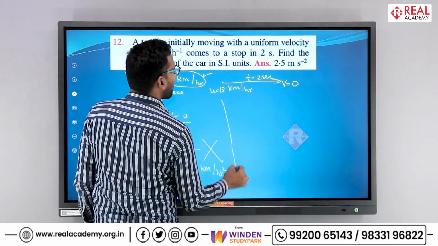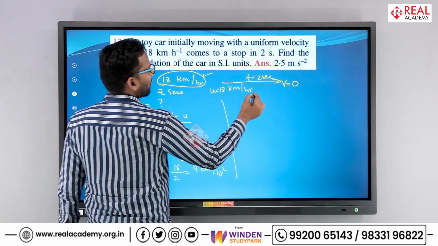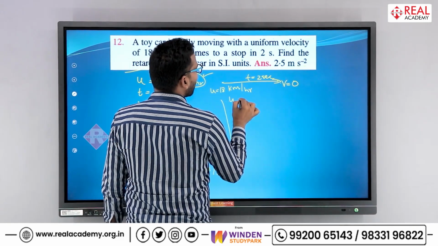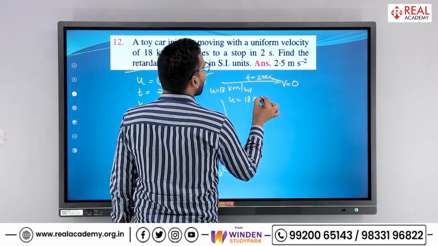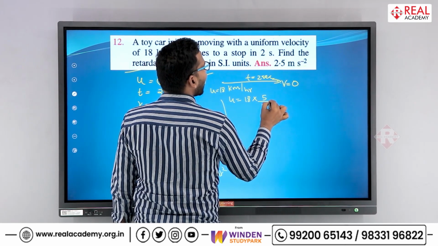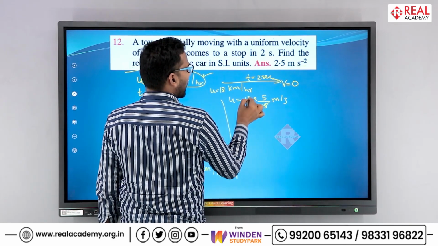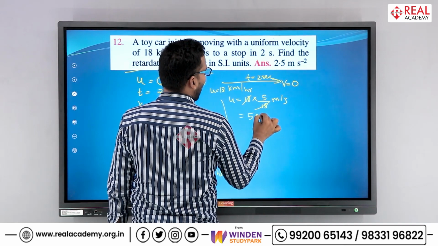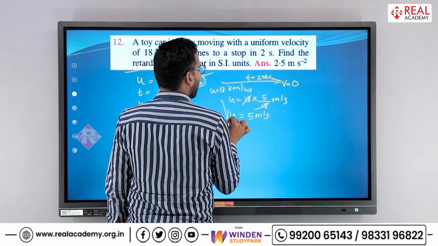So how to convert to meter per second? You all know very well now. That is U is equals to 18 into 5 by 18 meter per second. 18 will get cancelled. Answer is 5 meter per second, right?